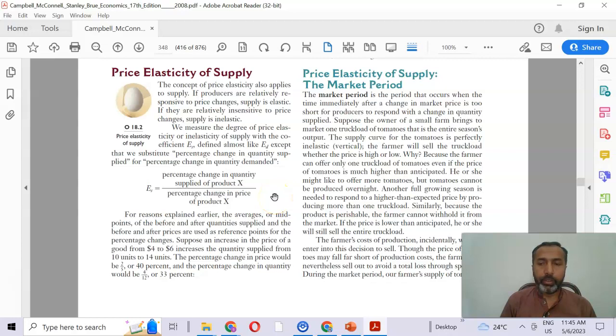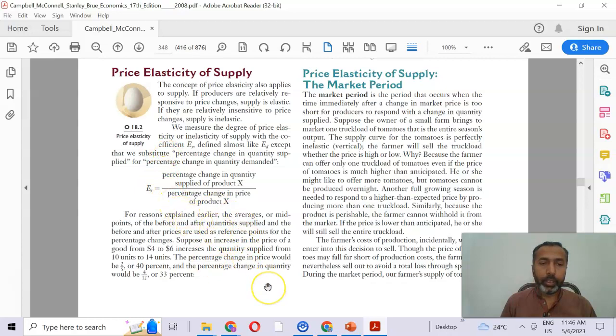Because we know that price is a revenue for the seller, and it is not a cost as it is for the buyer. So when the price of a product increases, the seller will try to sell more. Therefore, the formula is percentage change in quantity supplied of product X divided by the percentage change in the price of the same product. This is known as price elasticity of supply.